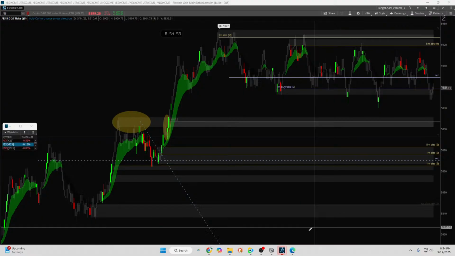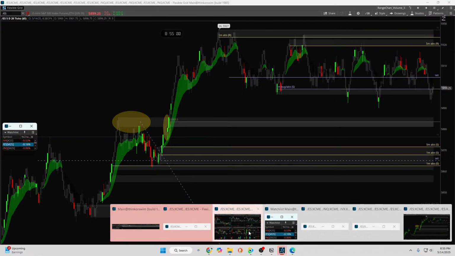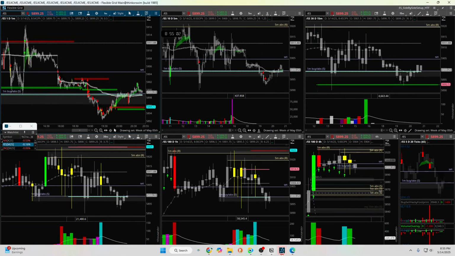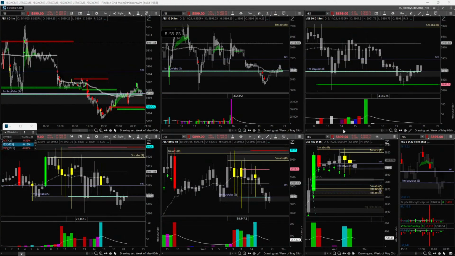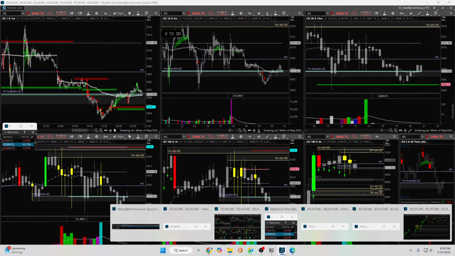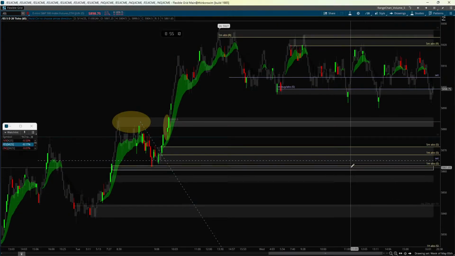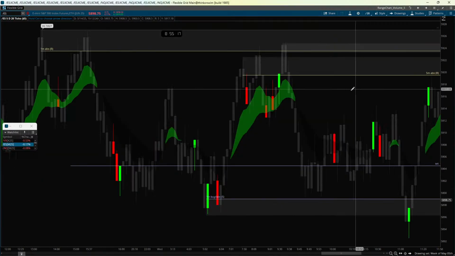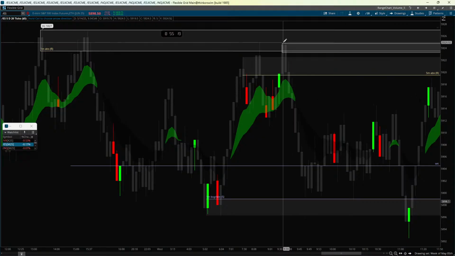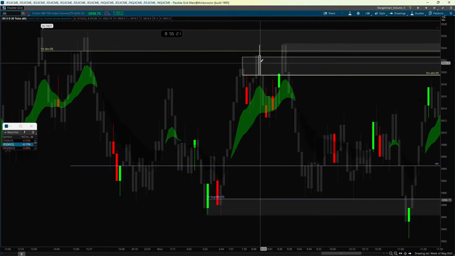Give me a minute. All right, let's see here. What about here? Yes, my entry did come early. We can see that we had a strong move here. So the 20 tick chart did not give me what I wanted.